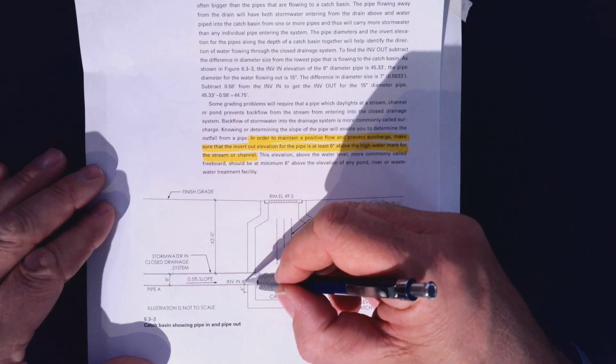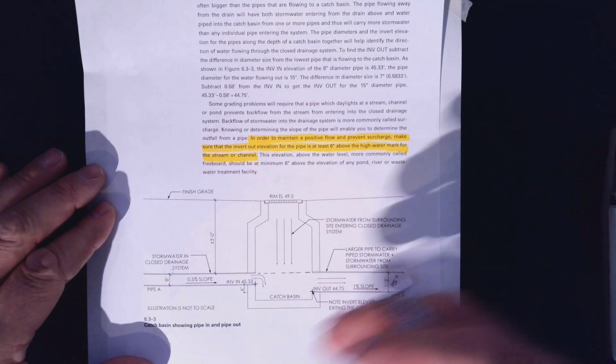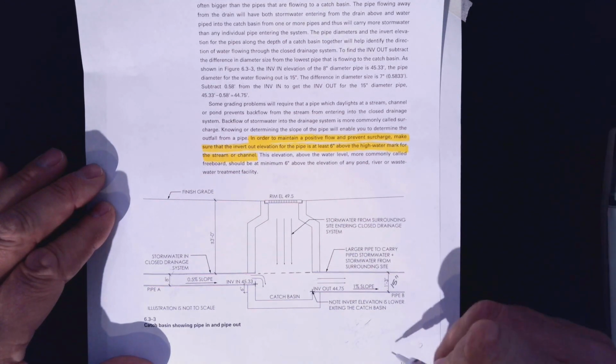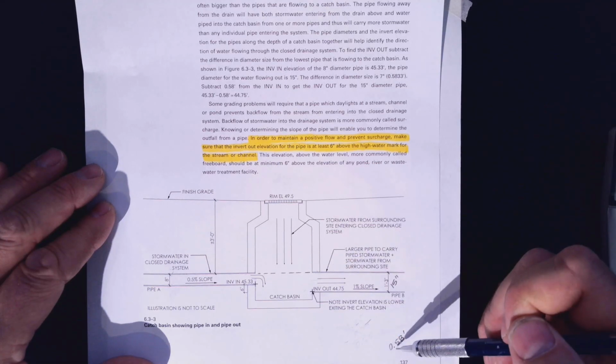So just subtract 7 inches. So 45.33 minus 7, oops, not 7. 7 inches, you have to convert it to feet, right? So you go 7 divided by 12 equals 0.58. 0.58 feet. That's how much 7 inches is.